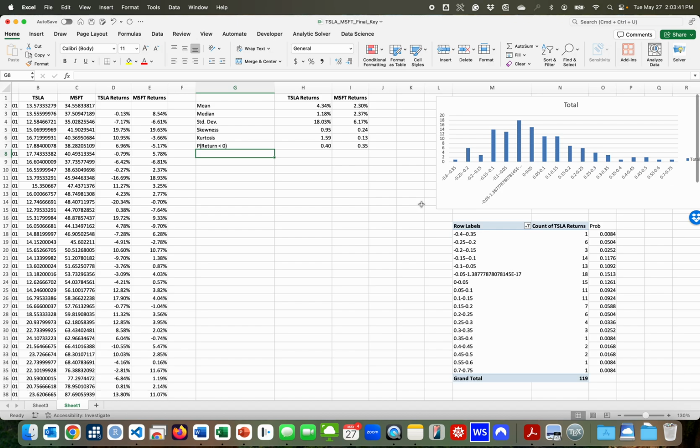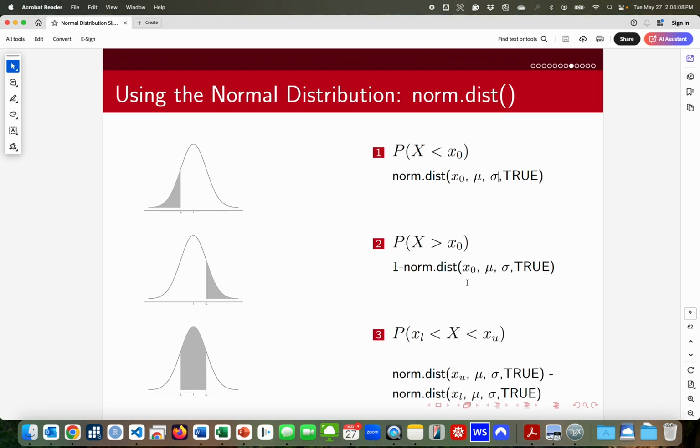The next thing we can do is find the probability that the return is greater than some value. So what's the probability that the return, let's just say for example, is greater than 5%? If we use the norm.dist function and we enter 5%, it's going to give us the area under the curve to the left of 5%. So what we're doing is we're setting this x naught equal to 5% and entering the values for mu and sigma from our sample, and we're going to find that area under the curve to the right of 5%.